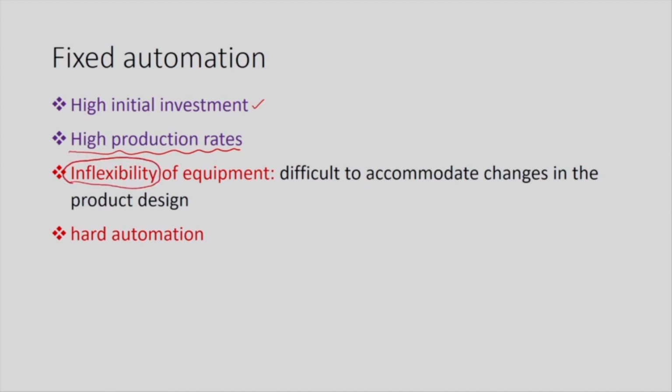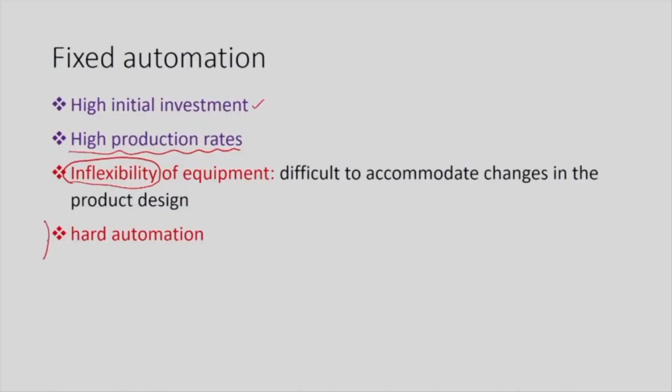So there is no flexibility. The inflexibility of the equipment is the major limitation of fixed automation. If the enterprise wants to change the design, he can change the design. Of course, that special purpose equipment cannot be used to machine the improved or modified design.